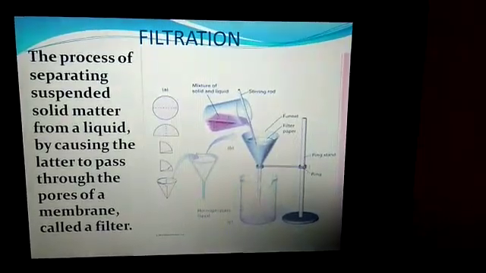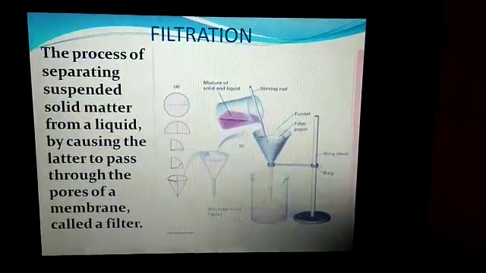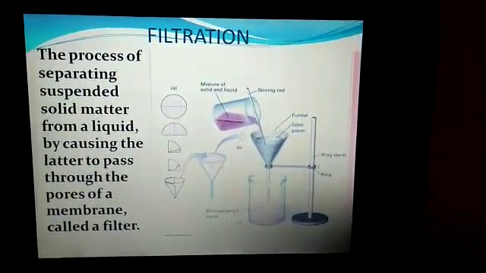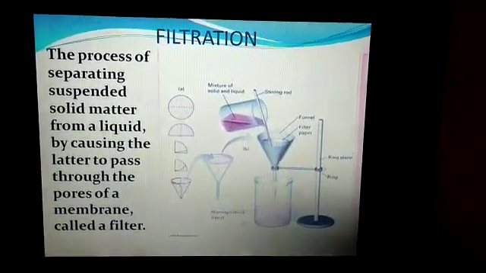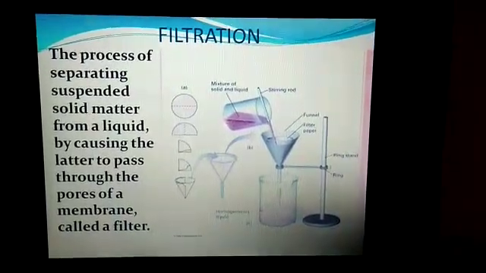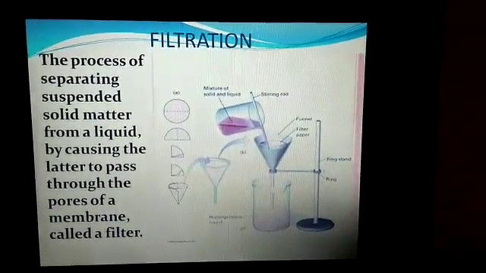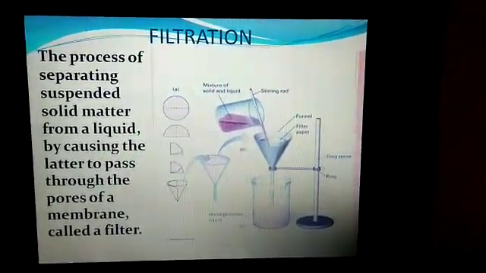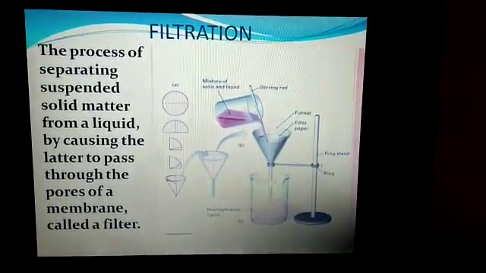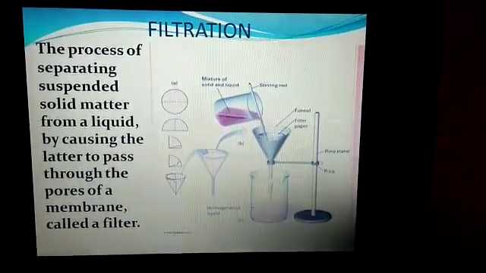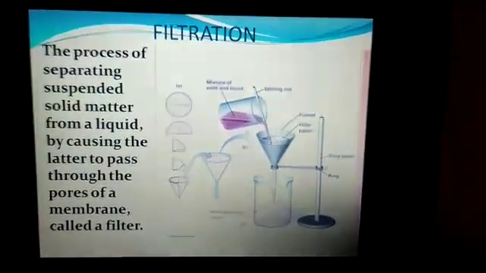The common filters which are used are filter paper, charcoal, glass wool, layer of sand, etc. This method is used for separating the components of solid liquid mixtures in which solids are insoluble in liquid. Examples can be chalk and water, clay and water, sawdust and water. The insoluble solid which is left behind on the filter paper is called residue.